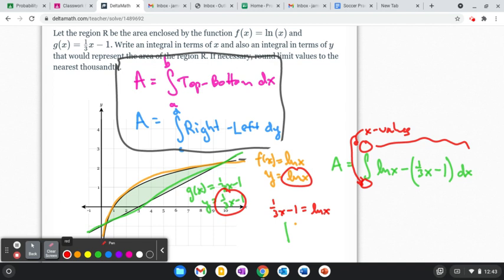This does say calculator section, by the way, on the AP test, so you would definitely be able to use your calculators for this. My first one, my bottom limit there, is going to be 0.42368.